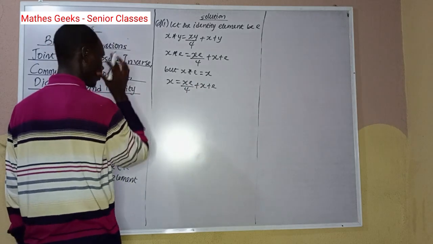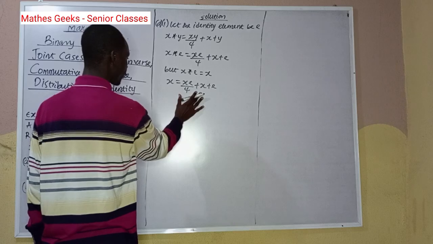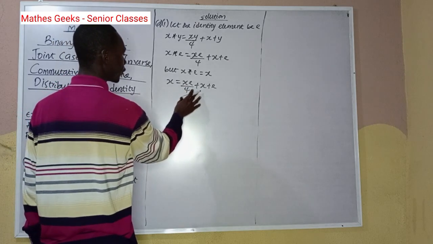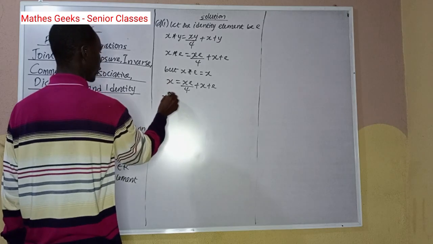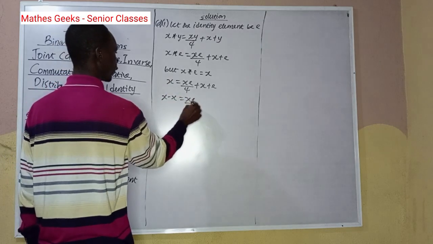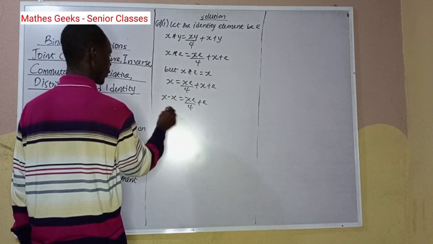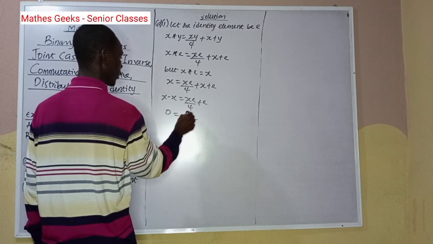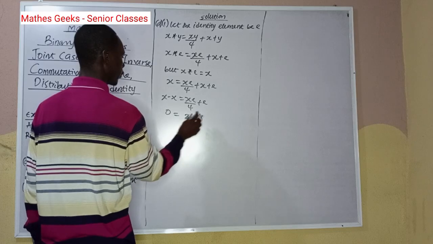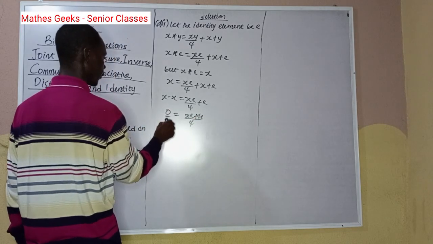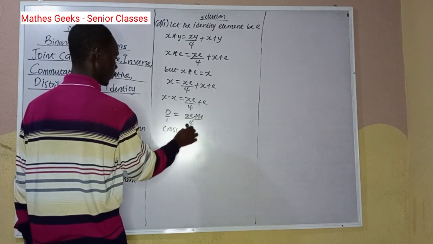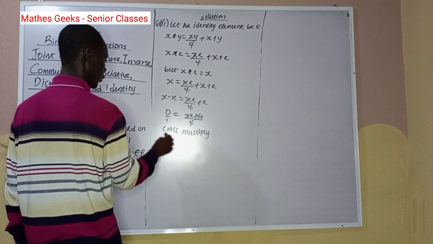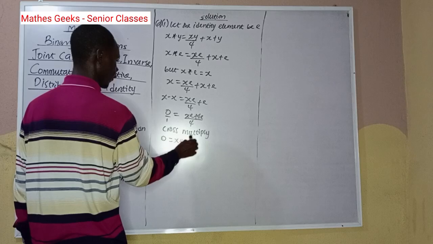Now cross multiply both sides by 4. Okay, so we're going to move x to this side. So x minus x plus the x e over 4 plus e here is 0, and this will give us LCM here is 4. This is x e plus 4e. So we cross multiply both sides. So 0 times 4 will be 0, equal to x e plus 4e.